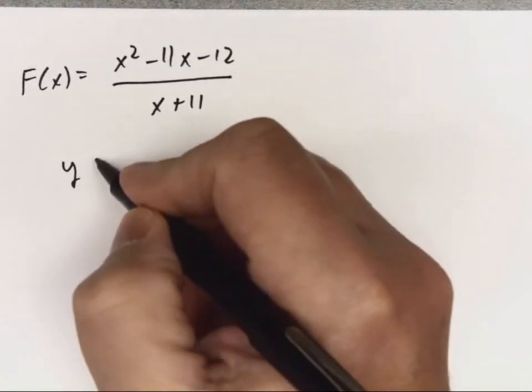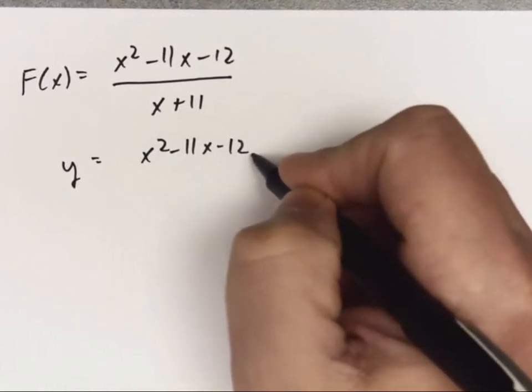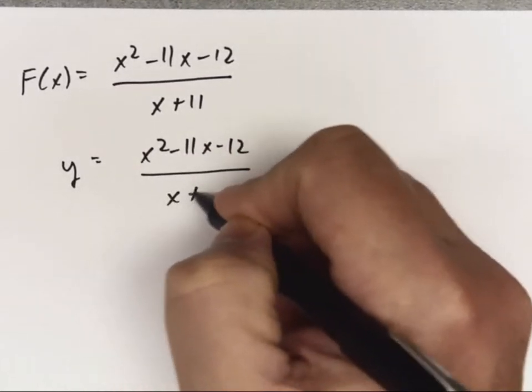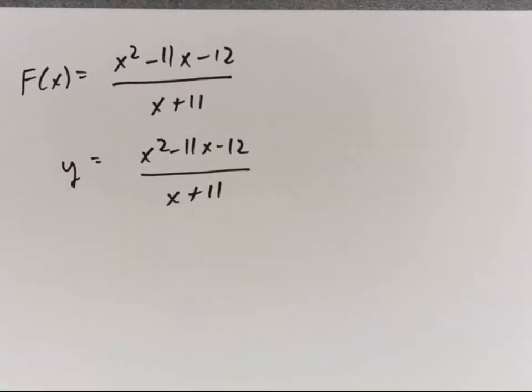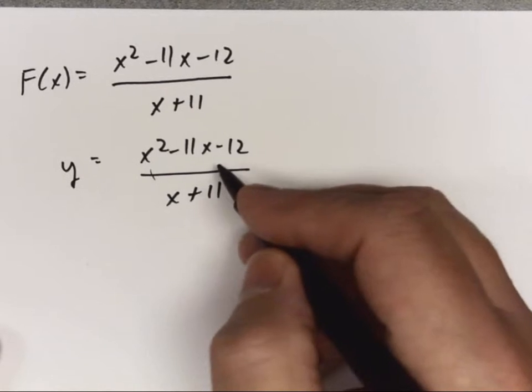We can rewrite it as y equals x squared minus 11x minus 12. To figure out the oblique asymptote, we're going to do sort of old-fashioned division. You know, you could think of a fraction as a division.